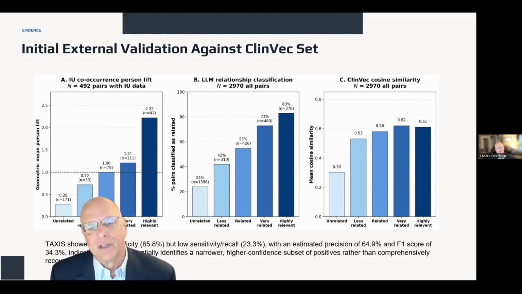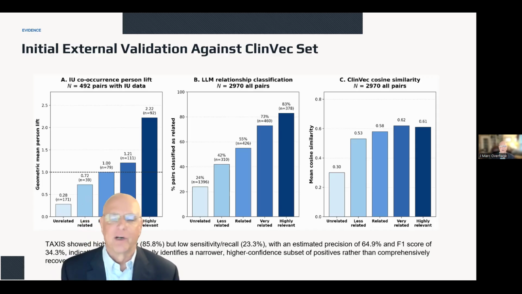In the center panel, LLM relationship classification, binary classification of that based upon the physician classification. On the right, the results from the ClinVec study, which was just looking at cosine similarity between pairs, how they co-located in space. So the estimated precision is about 65%, and the F1 score is 34.3%.